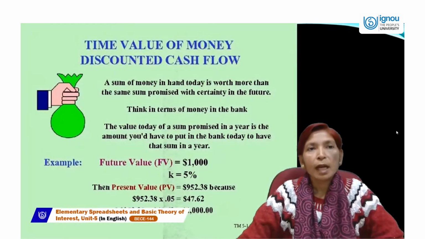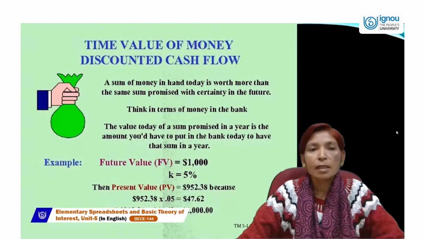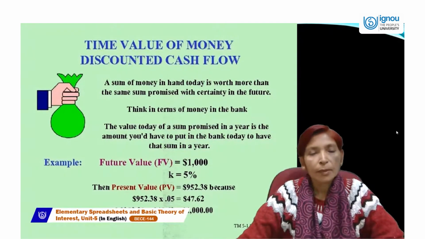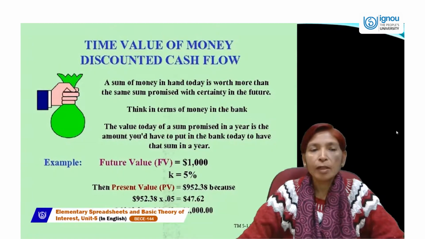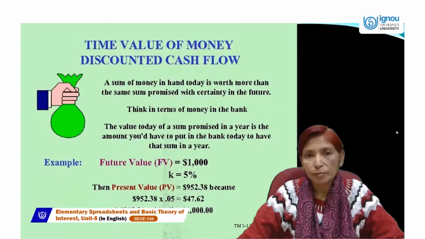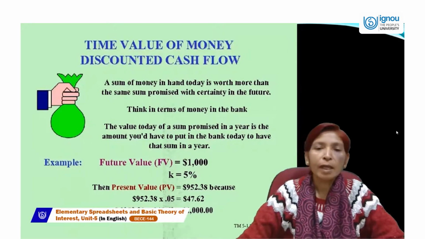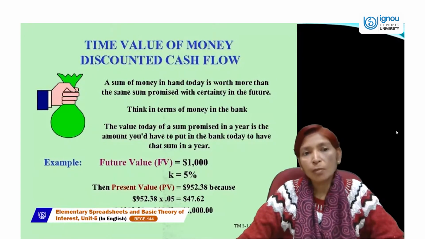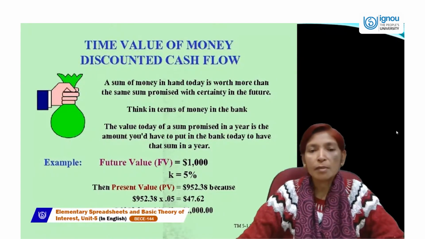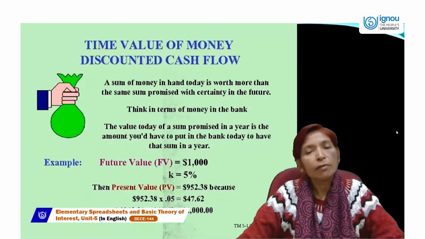Next is time value of money: discounted cash flow. Here we look at the time value of money, how we can estimate this, and discounted cash flow. A sum of money in hand today is worth more than the same sum promised with certainty in the future.